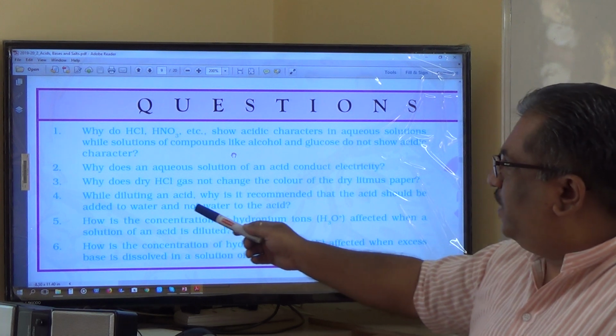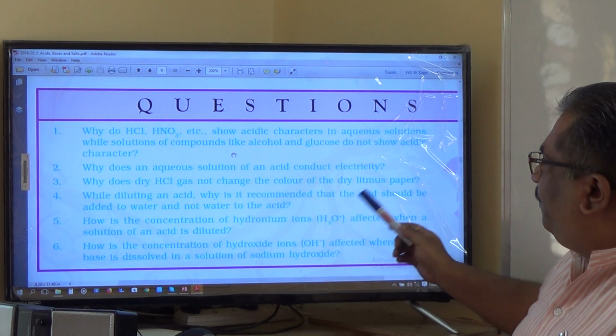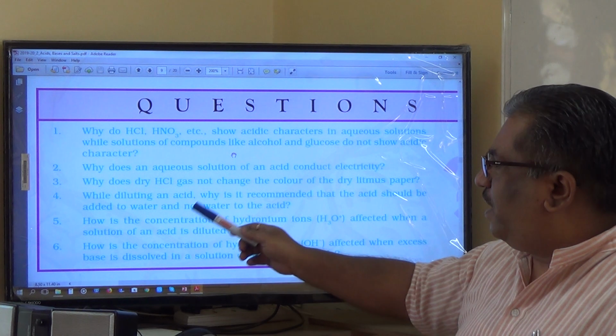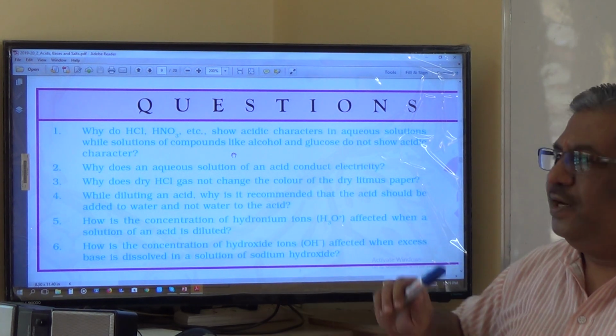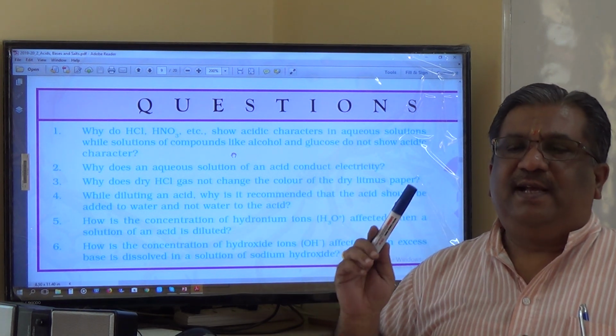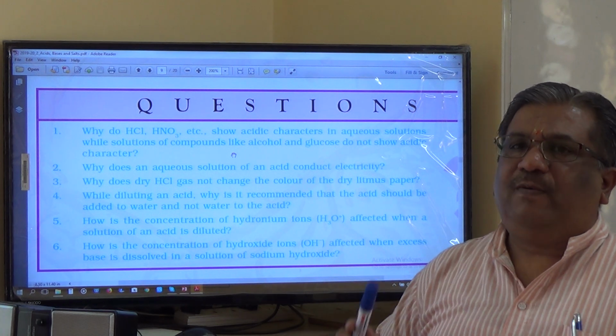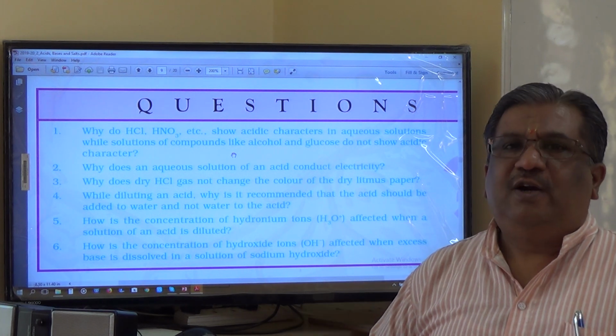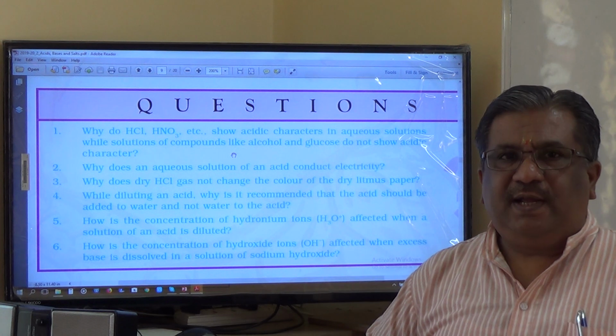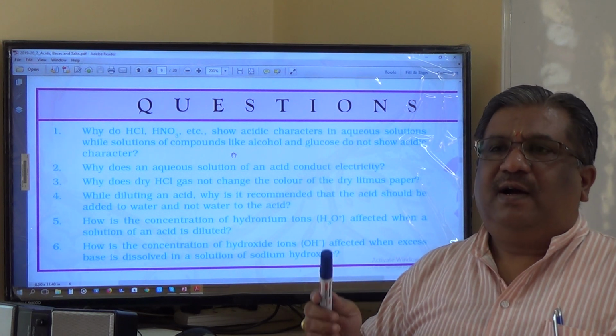Next, while diluting an acid, why is it recommended that acid should be added to water and not water to the acid? Dilution process of an acid is highly exothermic in nature. Always acid should be added to water slowly and with constant stirring.